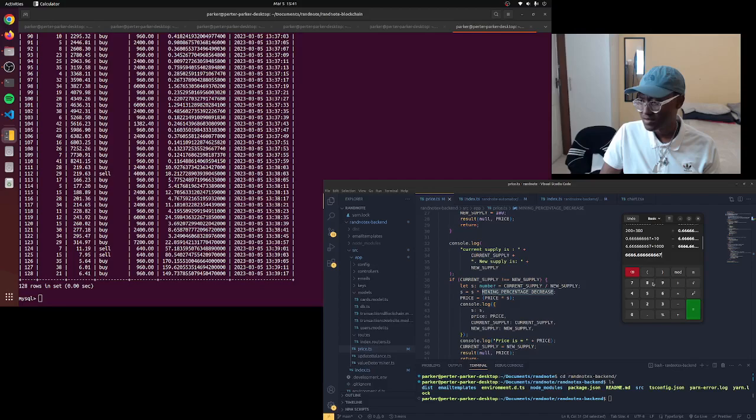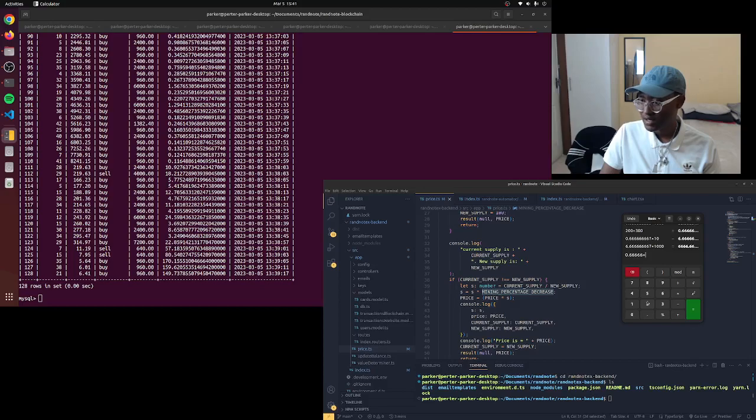Price becomes 6,000 from 1,000, so that does not make sense. So let me just say 0.666, right? 0.66666 multiplied by the S value.